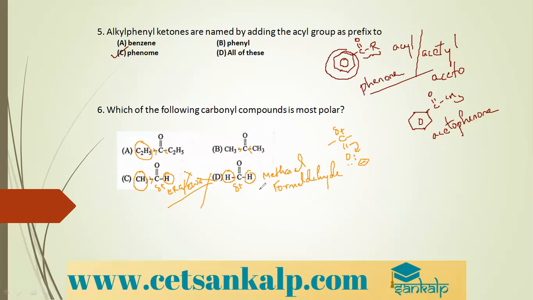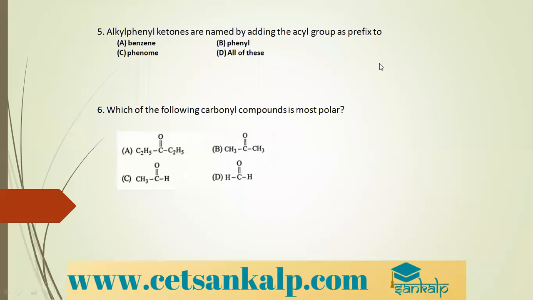So HCHO, formaldehyde, will be most polar because of the lowest electron density on the carbonyl carbon. Fine. If you want to check the order also, first comes option D, then option C, then option B, then option A. Right?